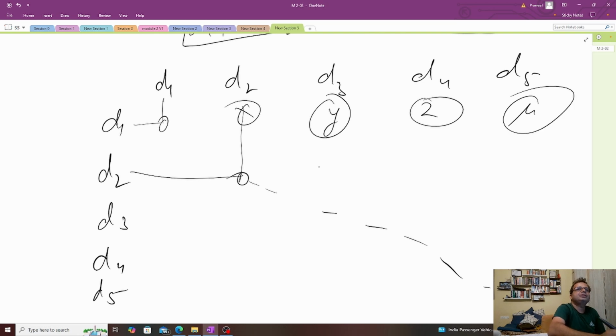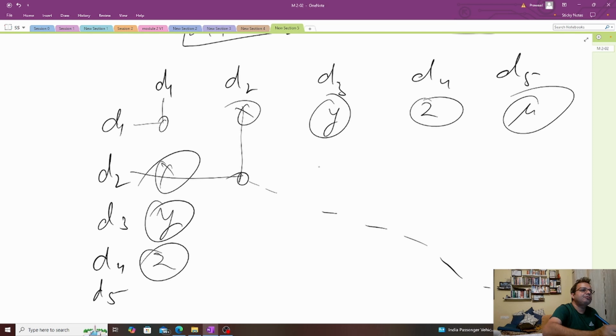Since these distances are symmetric, d2 to d1 will also have the same value, so these values will be mirror images of each other. The distance metric can be Manhattan distance, Euclidean distance, or whatever is good for you.